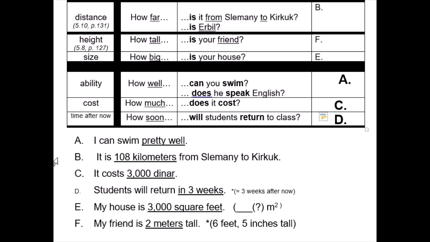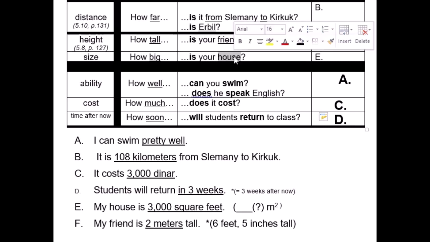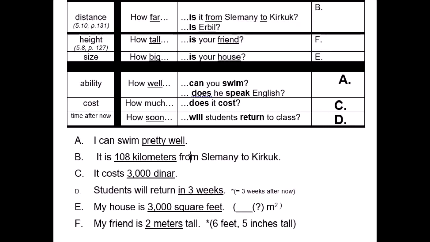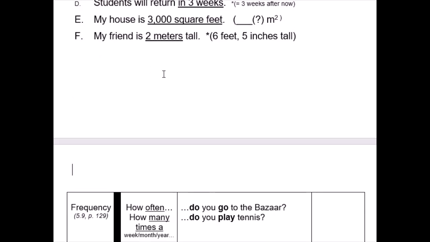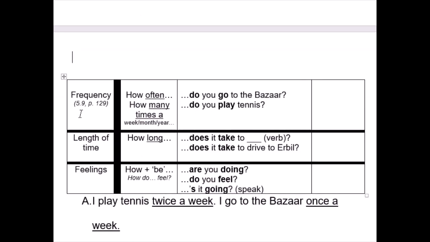So this is some practice to help you when you want to ask for more details, to describe different nouns, and you can use how to do that. Okay. So now let's look at other ways to use how. Okay.